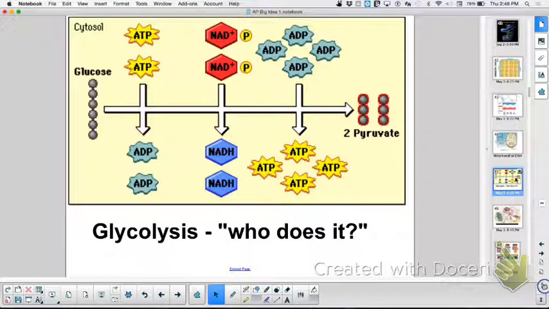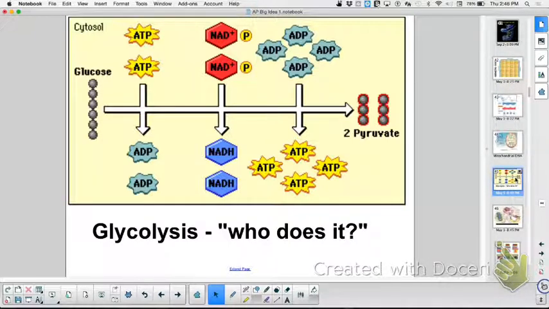But when you reduce it into alcohol, you generate what? Carbon dioxide. By reducing that pyruvate either to lactic acid or alcohol, you end up oxidizing the NAD, so you can do the whole process all over again.